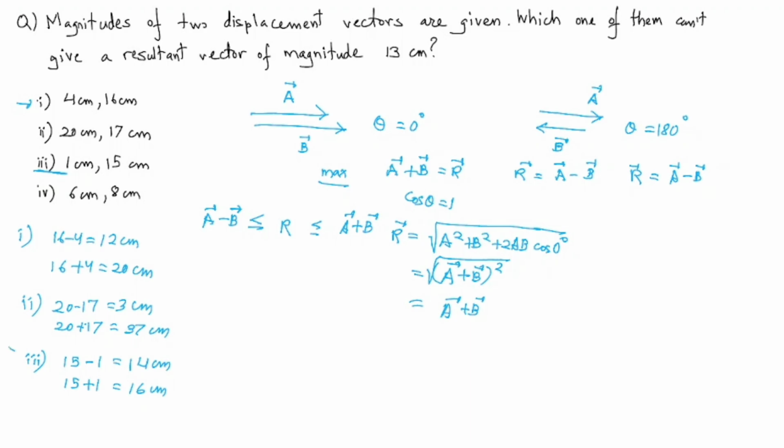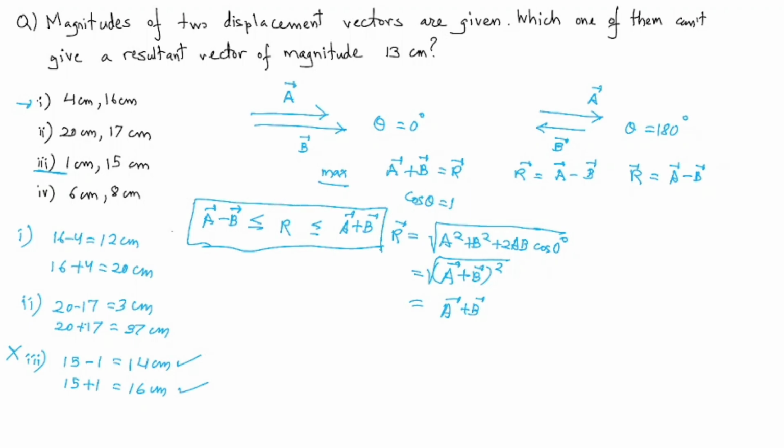Why? Because on the minimum side it is 14 centimeter, and for the maximum value it is 16 centimeter. 13 is smaller than 14. So point 3 does not agree to the condition given here. Hence point 3 is the answer, right? This is the condition.